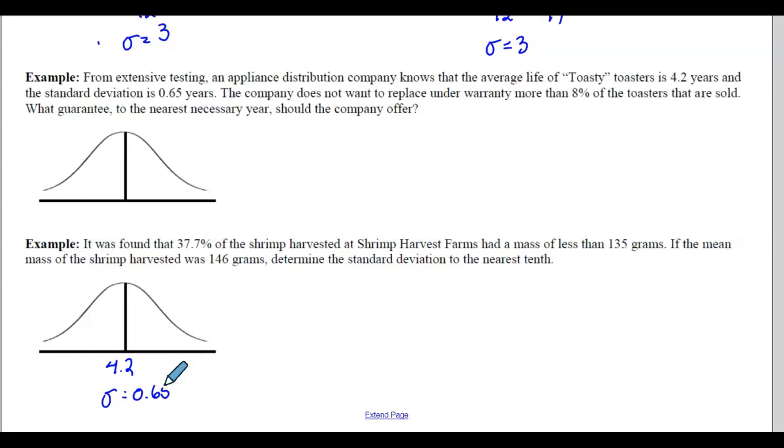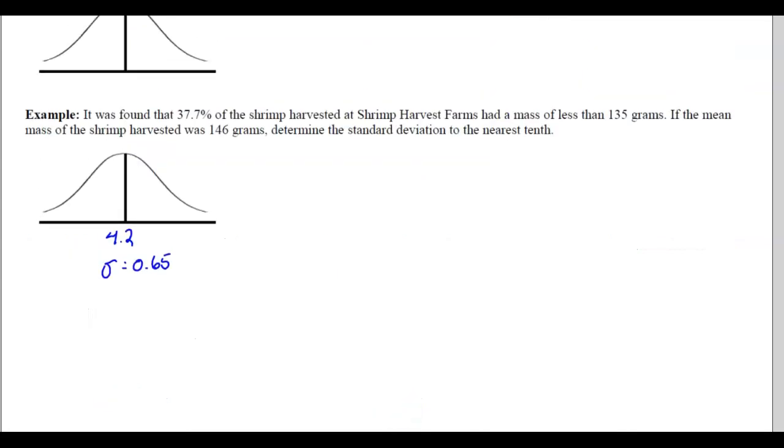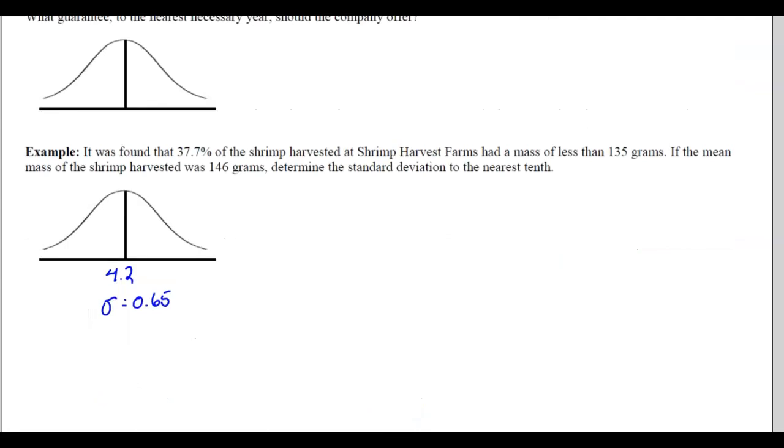So they only want to replace 8%. So that means the first 8%, right? So here, this part here, 8%, 0.08. It's actually going to be further to the left. So 0.08. So we want to know what year that is.